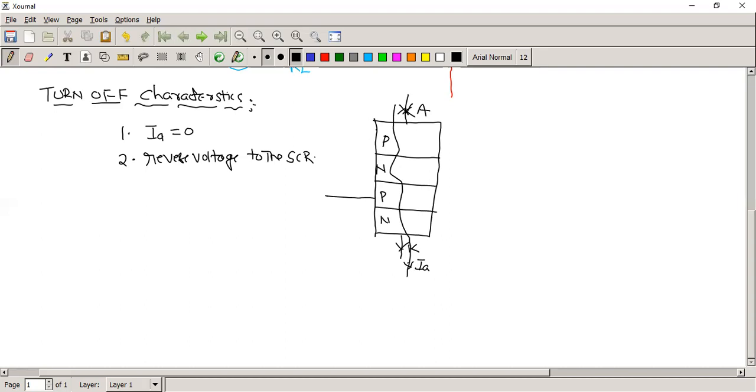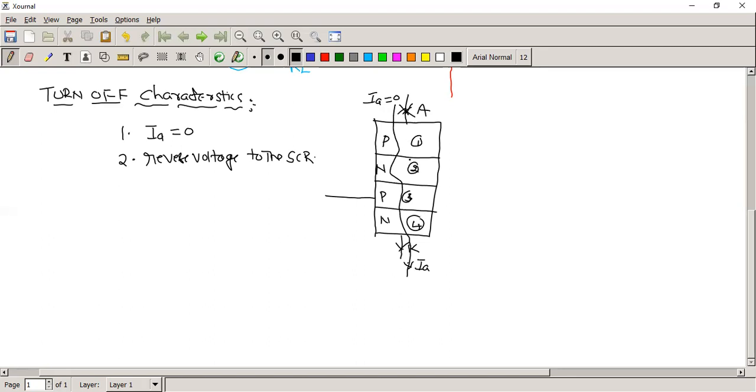Whenever we make the IA current zero, even though the current is zero, here four layers are there. One, two, three, four. In all four layers, excess charge carriers will be trapped.